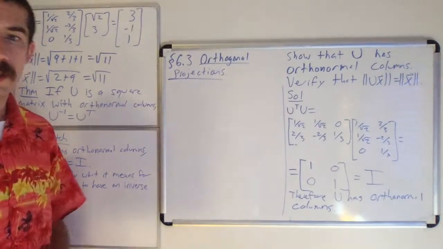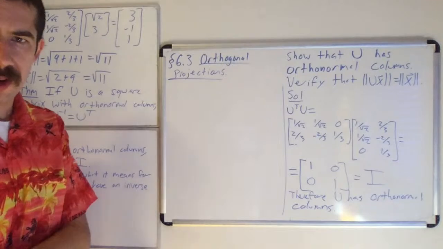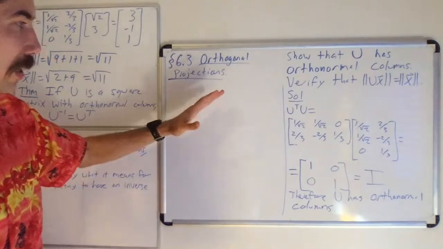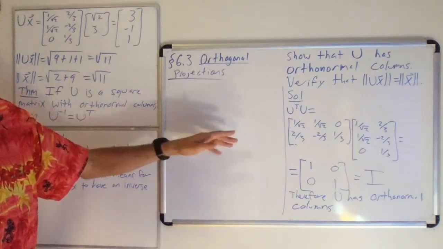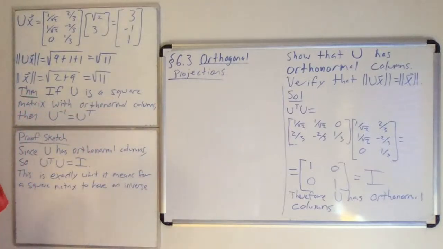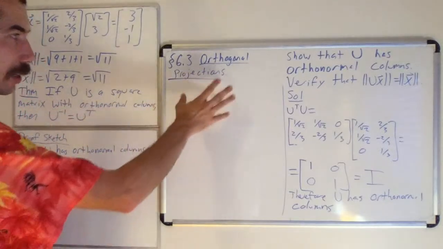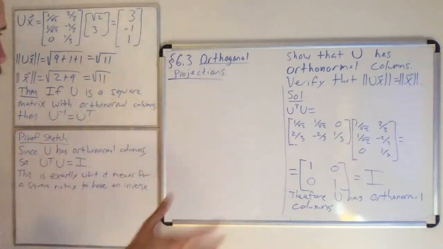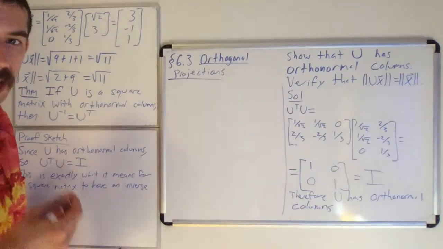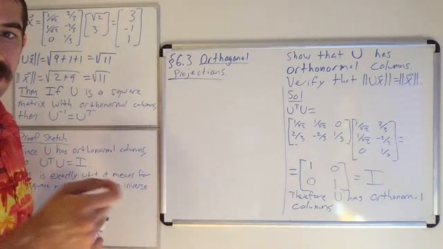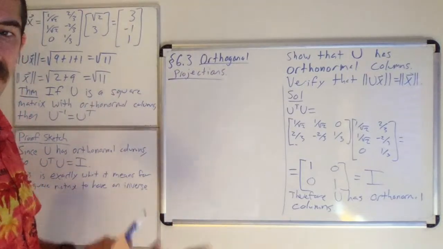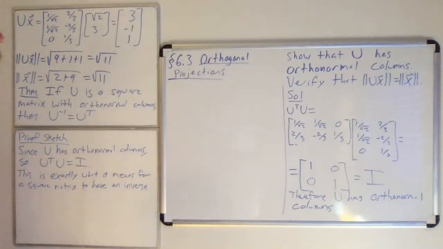So we talked last class or two classes ago about how to project a vector onto a line. But what we're going to talk about in this section is the more general sense. How do we project a vector onto a subspace? Not a one-dimensional subspace, but a higher dimensional subspace. Okay, so we'll start by sketching out what we're dealing with, and then we'll do an example, hopefully.